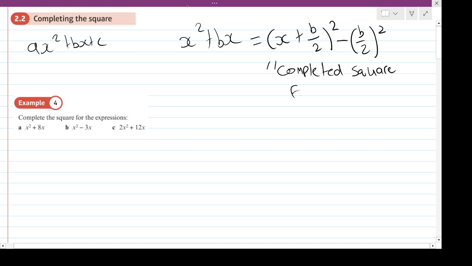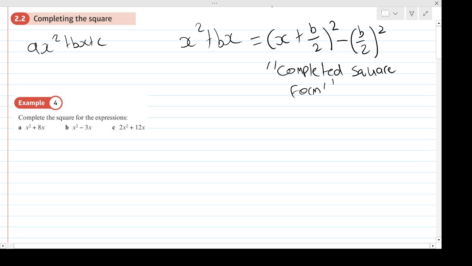Obviously, you're going to get fractions, but don't be afraid of it. You should know how to multiply fractions. We looked at expanding brackets like this in the first chapter, so actually, this would be a good exercise to test that skill. But essentially that's what this chapter is going to look at: writing stuff in this form and then how we can use it.